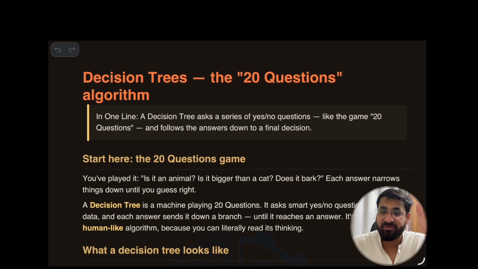They will give you the answer yes or no. Then you will ask, is it bigger than a cat? They will say yes or no. Then again you will ask, does it bark? Then they will say yes or no. After these three questions, you will come to a conclusion about what this animal is.